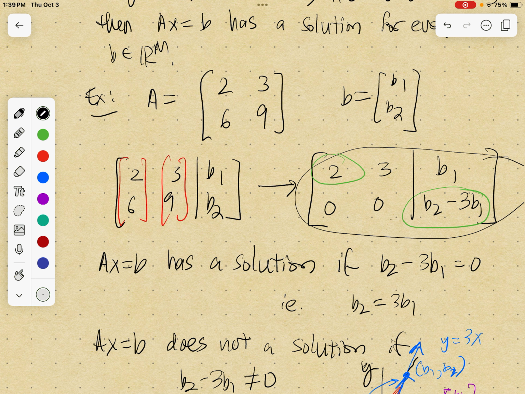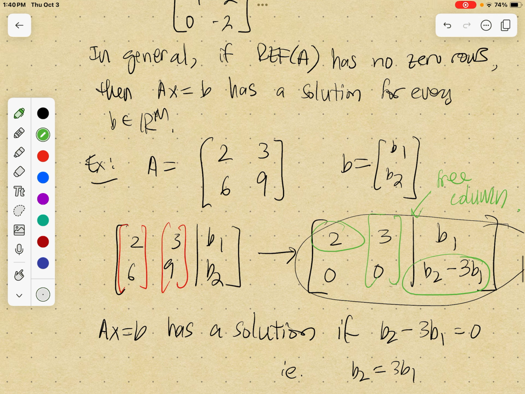And that's because if there is a solution, then this second column is a free column, so there'll be infinitely many solutions.